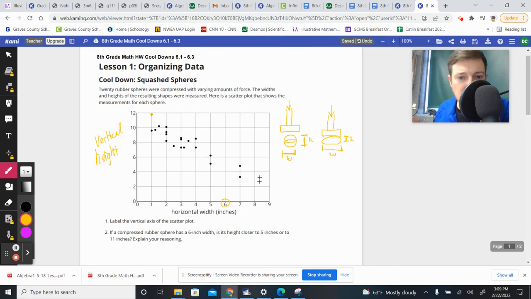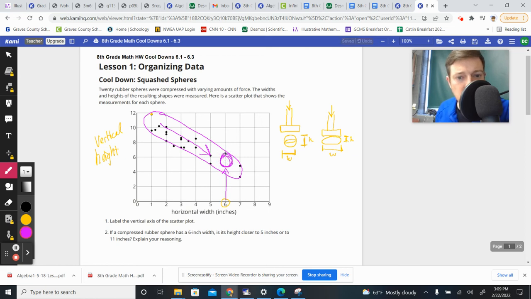We can look at the pattern we noticed in the scatter plot, because it shows a pretty clear pattern of decreasing in this general direction. So we would expect the dot to fall somewhere within that bracket.